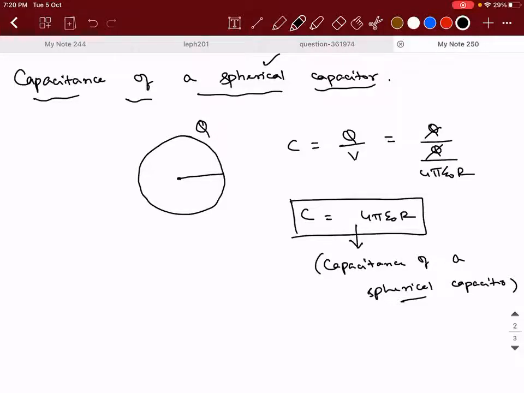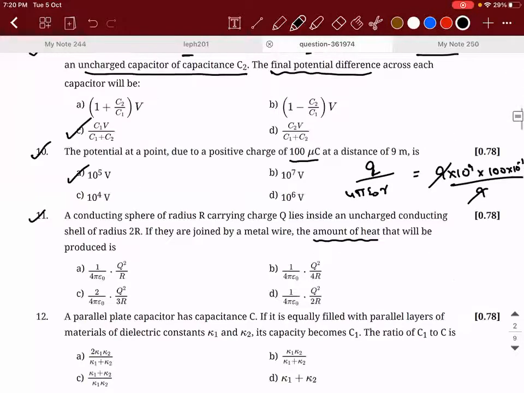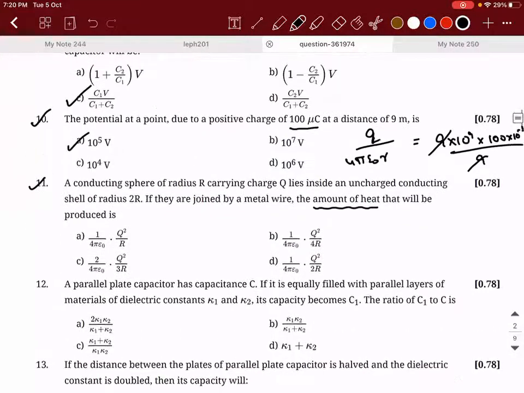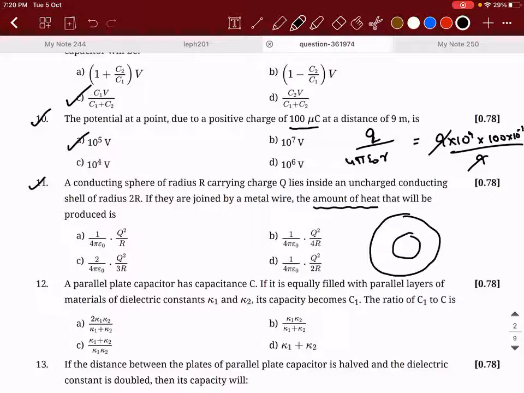There is a conducting sphere of radius r and charge q, lying inside another uncharged conducting spherical shell of radius 2r. If they are joined by a wire, the one which is 2r is uncharged and the one which is r is charged. So what is the initial energy of the system?